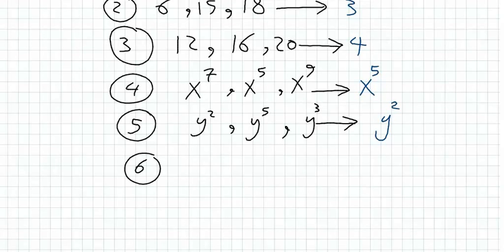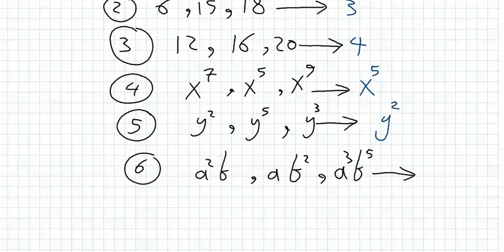Try now a squared b, a b squared, and a cubed b to the power 5. The greatest common factor here: deal with every letter alone, the same as the past 2 examples.